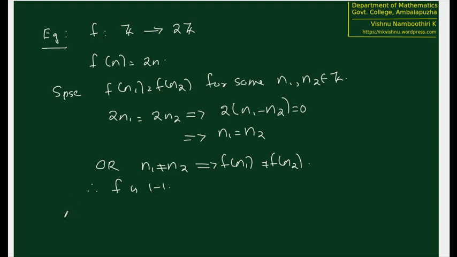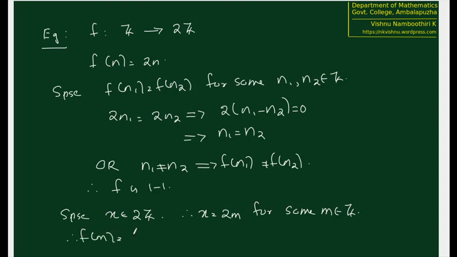What about onto? Suppose x belongs to 2Z, and therefore how does x look like? x equal to some 2m for some m integer. But then we know that m is an integer, therefore f of m equal to 2m equal to x.